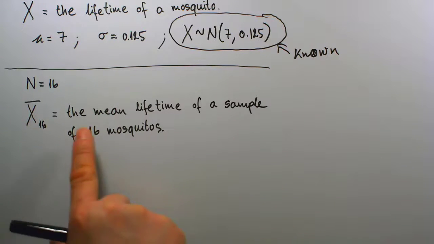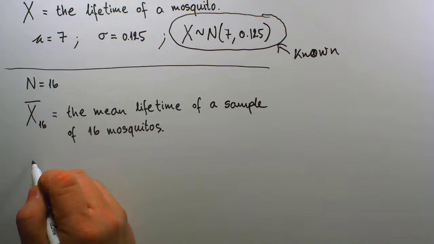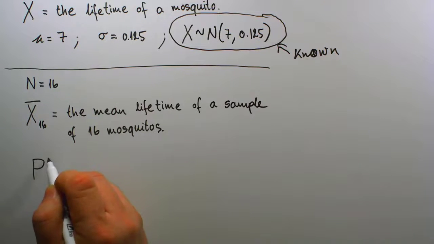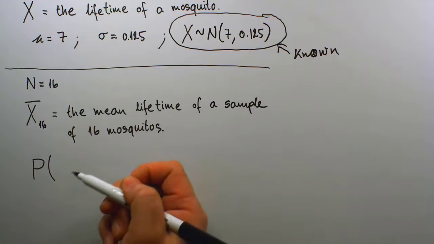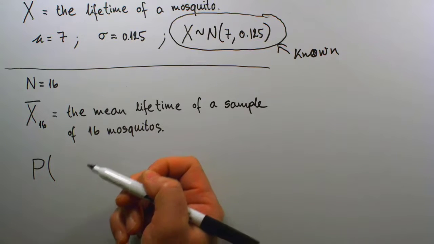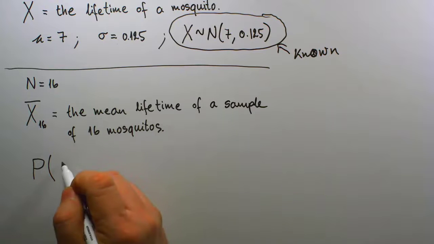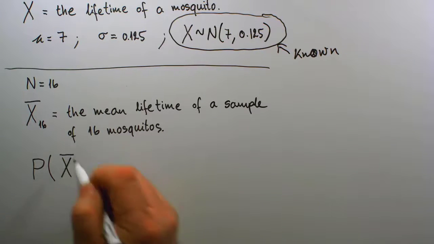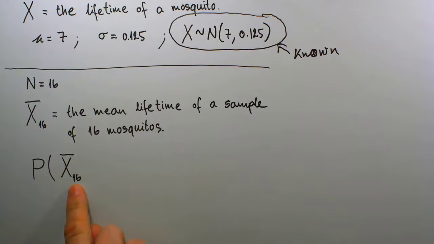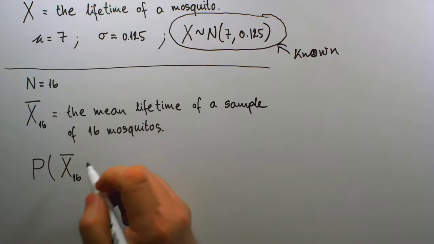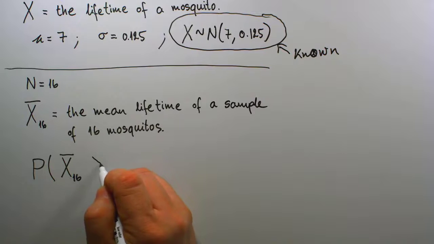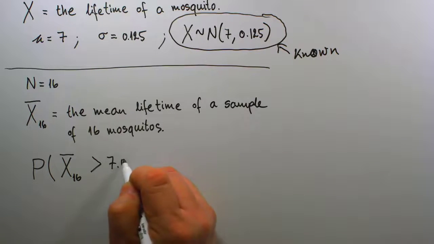That's why the problem is formulated this way: if we simply pick any sample, what's the chance that our sample, as one among infinitely many others, will have a sample mean greater than 7.08?